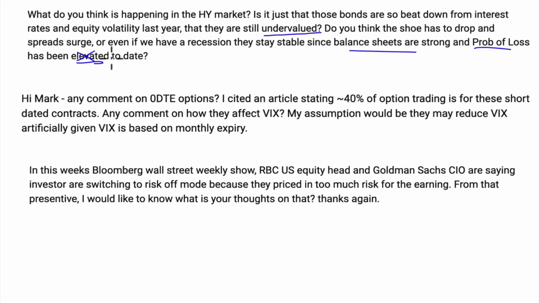But balance sheets are strong, and the thinking is, well, we don't really see a recession. We haven't seen waves of bankruptcies and defaults at this point in time, so everything seems business as usual. Where credit spreads usually widen very quickly is when there's a significant credit event in the market that was unexpected.